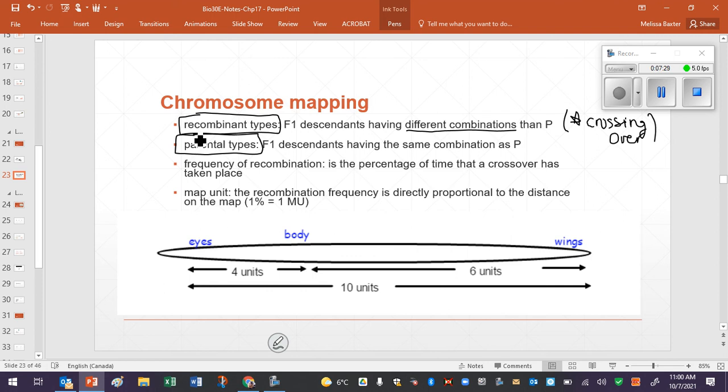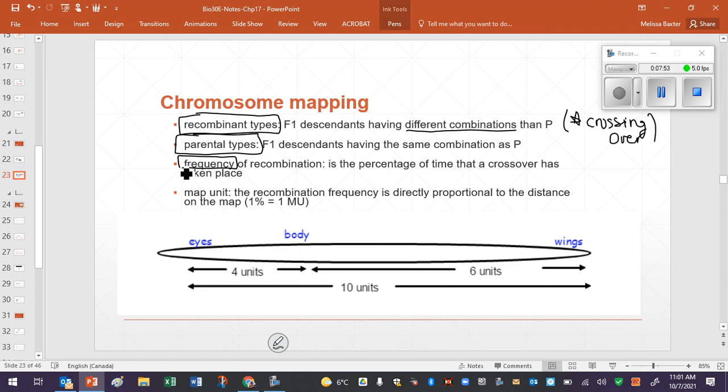And so what we would want to do to give us some data is to figure out, of all of the offspring in the F1 generation, what is the frequency of recombination? In other words, what percentage of the time did a crossover actually take place? So we're going to look at the parents, look at the offspring.